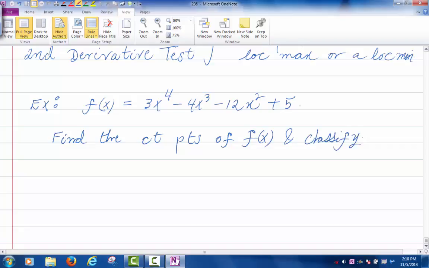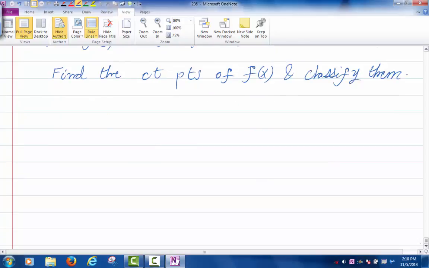So when I say classify them, I mean at each critical point, do I have a local max or do I have a local min? That's what you want to classify. Well, to answer this question, the very first thing that you have to do is find the critical points, right? So how do you find the critical points? Well, you have to find the derivative.